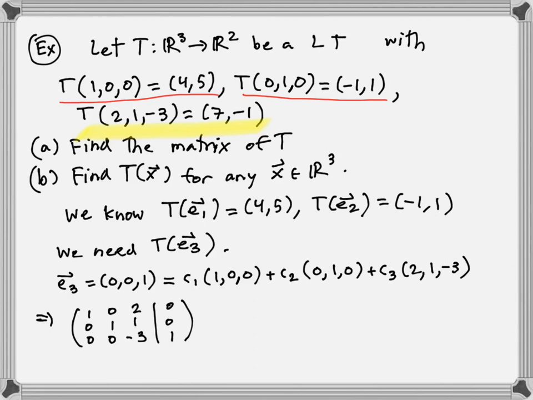The good news is this takes only one step. We're going to multiply row 3 by negative 1/3. So what is this equal to? We get (1, 0, 0), (0, 1, 0), and (2, 1, 1), and then (0, 0, -1/3).